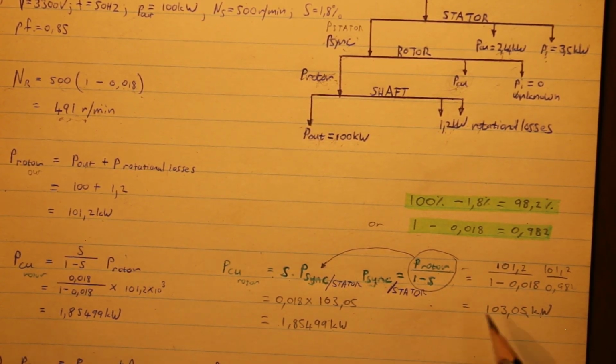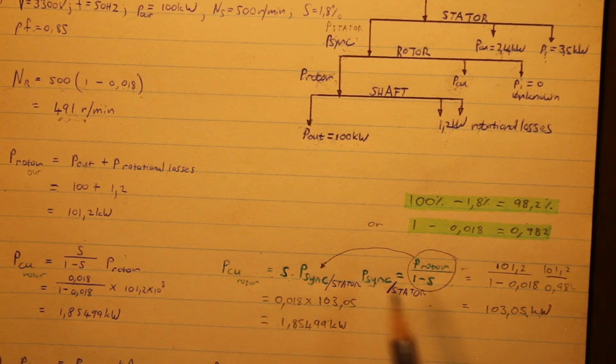All right, so now that we got the stator power, we can easily figure out what the rotor copper loss is. All we do is we say this number, okay, times by the slip. And so here I wrote slip times the power of the stator or the synchronous power.